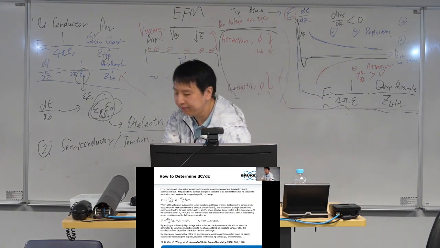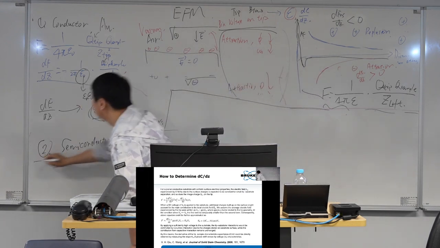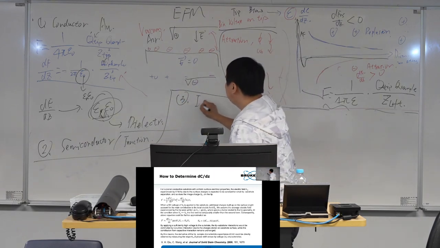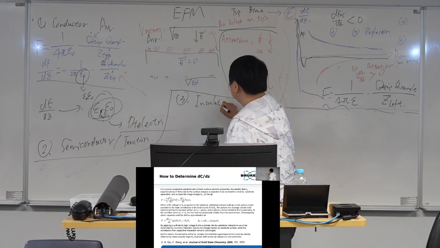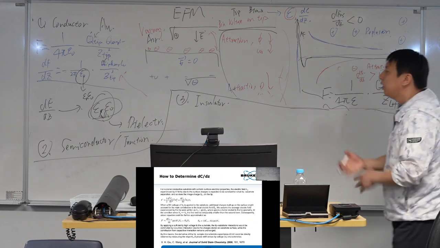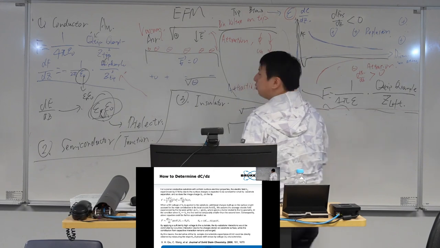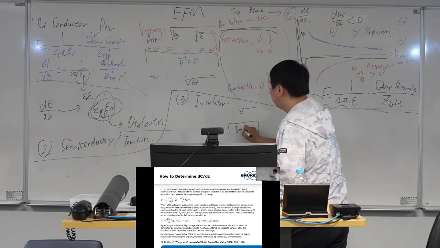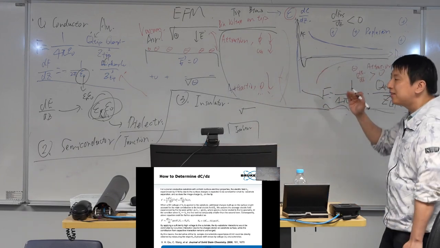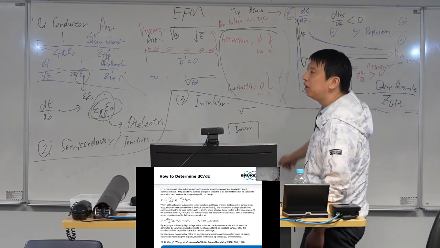Third, we are looking at insulators. On an insulator, what will happen? The tip is placed on top of the insulator. As we explained at the beginning, it will only be slightly polarized because the dielectric coefficient is so large.